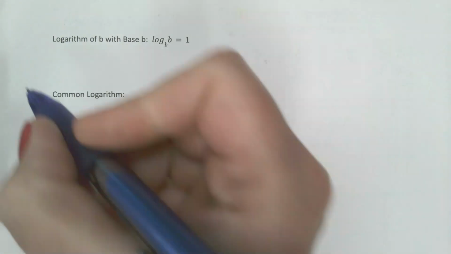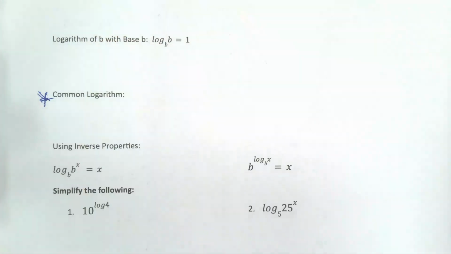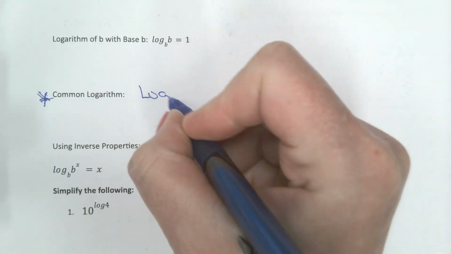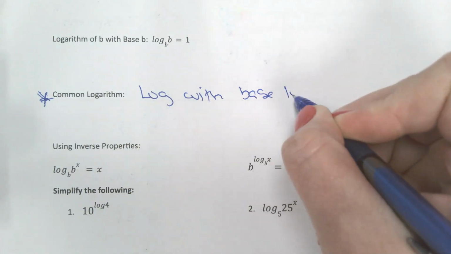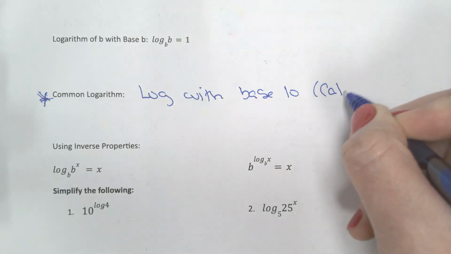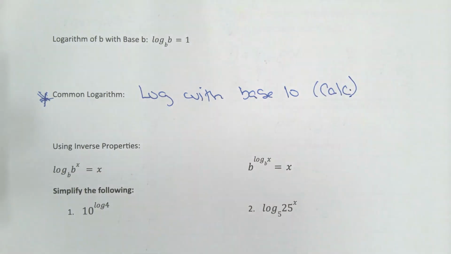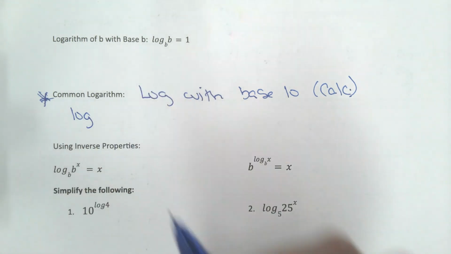What I do want to do is common logarithm. A common log is a log with a base of 10. We do that because that is what your calculator is set to. It is the most common one.